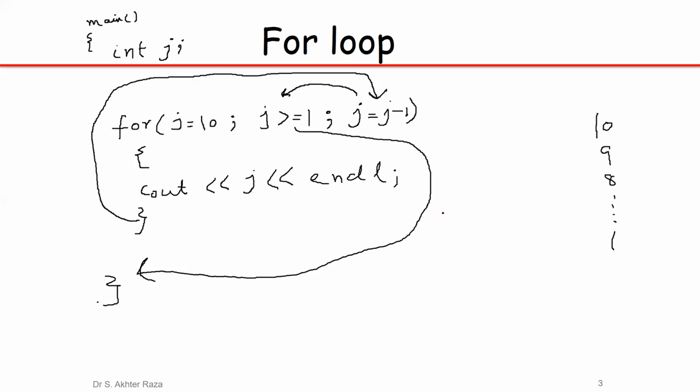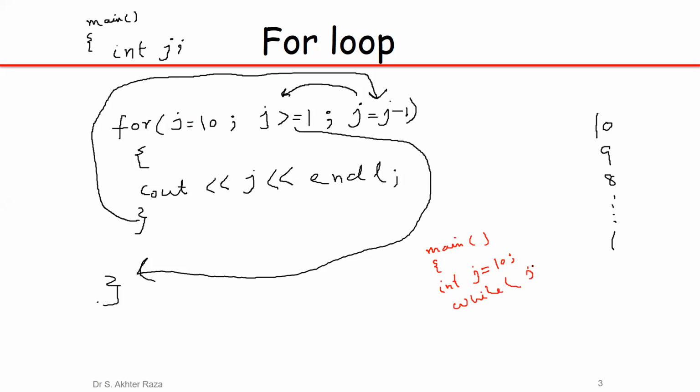We can execute the loop by while. If I am doing the same thing by the while, then what is the program? So main, and in the main you have to start the bracket. Int j should be there and is equal to 10. Initialization is there. In the while, you have to write down only the condition.